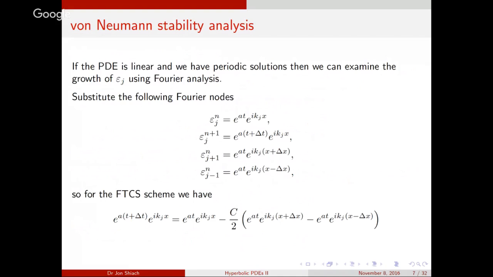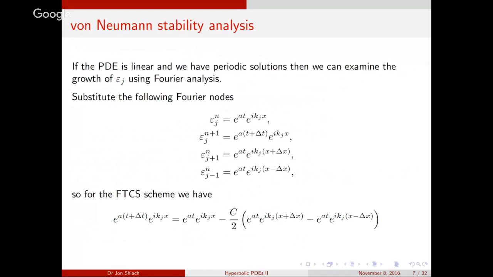A is a number. Don't worry about it; it's going to disappear. So it's just at the moment a number. So e to the a times time multiplied by e to the I, which is the square root of -1, multiplied by k, which is known as a wave number. Don't worry about that. That's going to go in a minute. Times x, which is your spatial step.